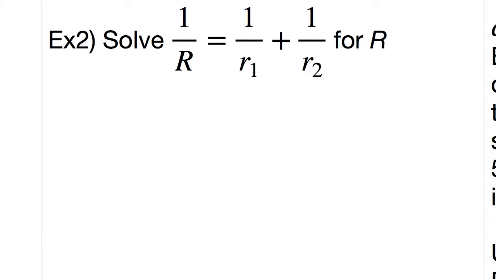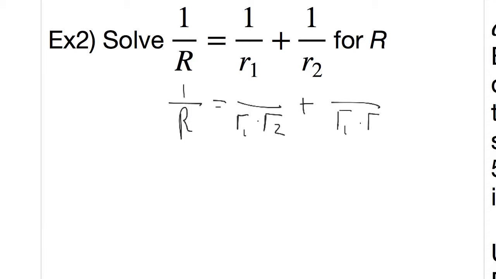And so I'm going to have 1 over r is equal to, well, we need to get a least common denominator, don't we? I think that least common denominator could only be r1 times r2. So what do we have to multiply the first fraction by to get that least common denominator? We need to multiply both the top and the bottom by r2.